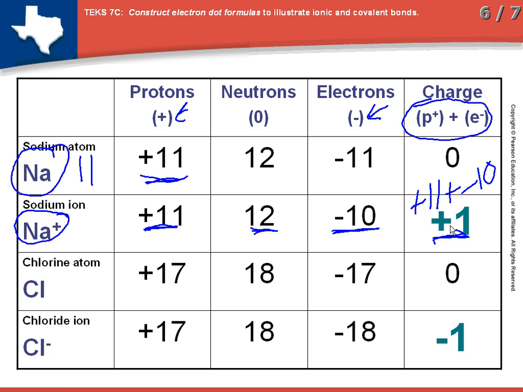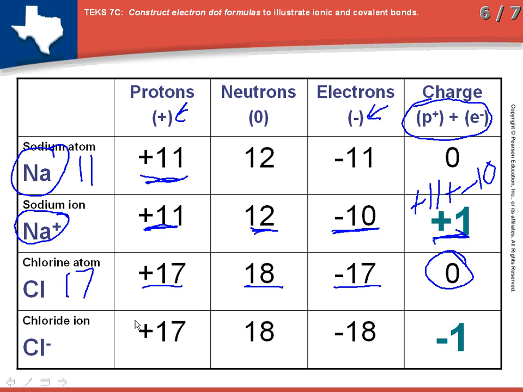Let's look at chlorine. Chlorine is atomic number 17. So it has 17 protons, so it has a plus 17 charge. It has 18 neutrons, and in its atom form, 17 electrons. So as it is right now, as an atom, it has no charge on it, because its protons and electrons are equal. But remember, chlorine really wants to get an extra electron. It wants to get 1 more electron.